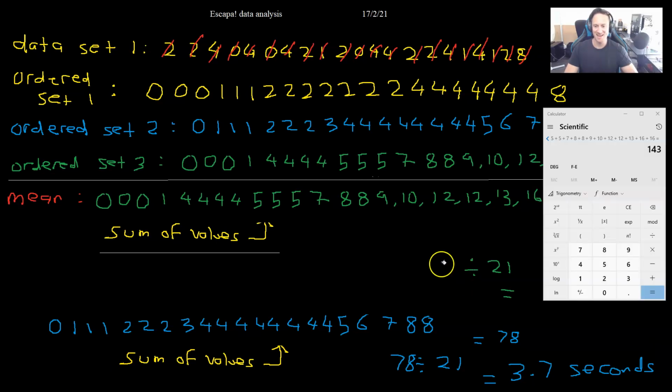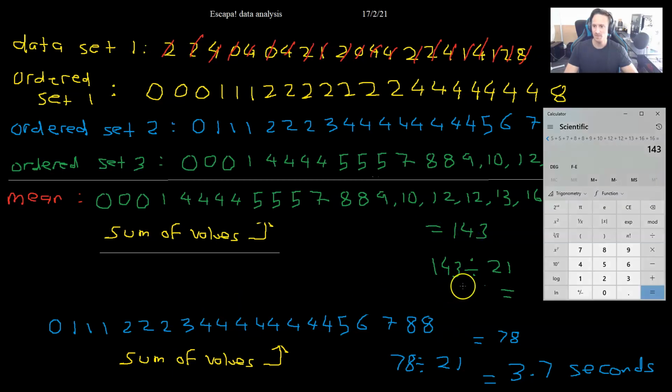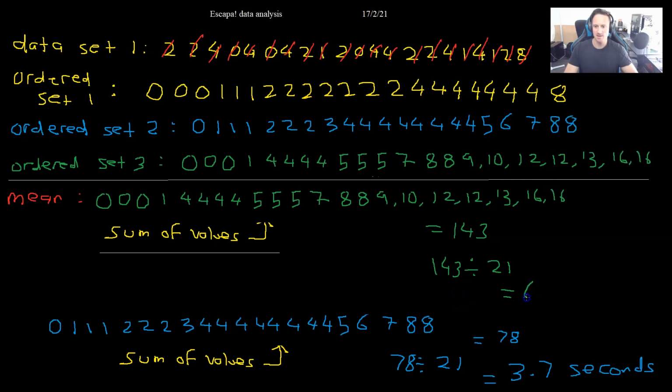So I made a second mistake. This was actually 143, not 144. So I must have added an extra 1 in there. So I'll do 143 divided by 21, and that gives me 6.8. So that's going to be my mean for data set 3.